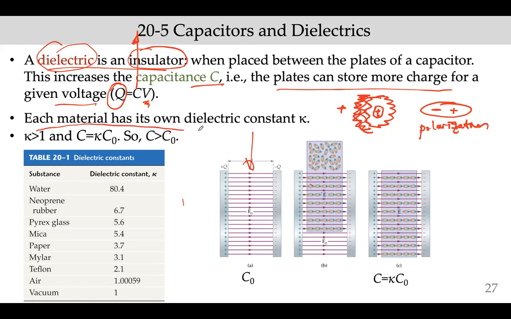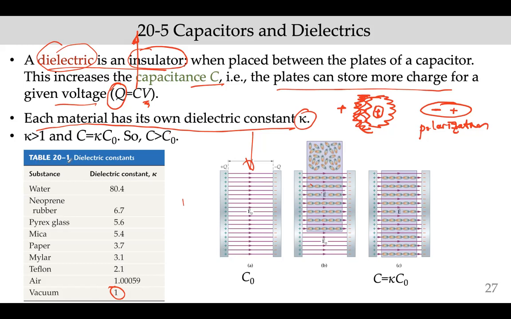Each material has its own dielectric constant. If you don't put in anything, it means vacuum. And anything that you put in, any material, paper, Teflon, rubber, water, it actually increases the capacitance. So it has some kappa, which is the dielectric constant. That dielectric constant is larger than that of the vacuum. Vacuum means nothing inside.